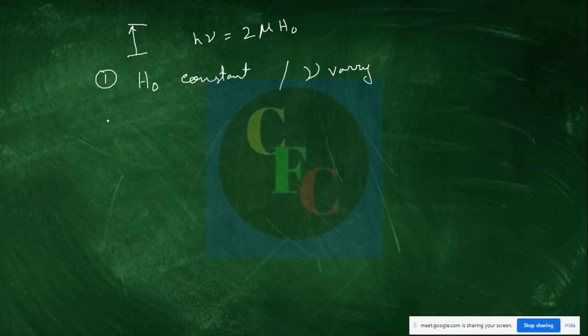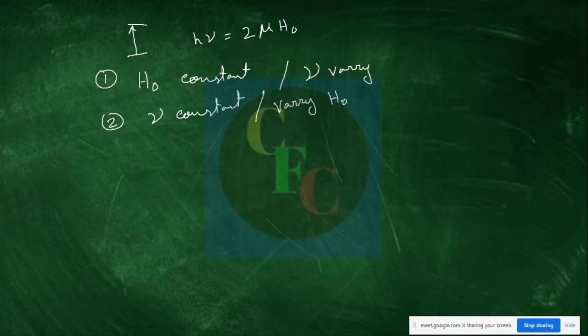Another method can be done. You keep nu constant. You keep the frequency constant, you do not change it. You keep a particular radio frequency there, and you vary the magnetic field. You sweep the magnetic field. Why can this be done here?